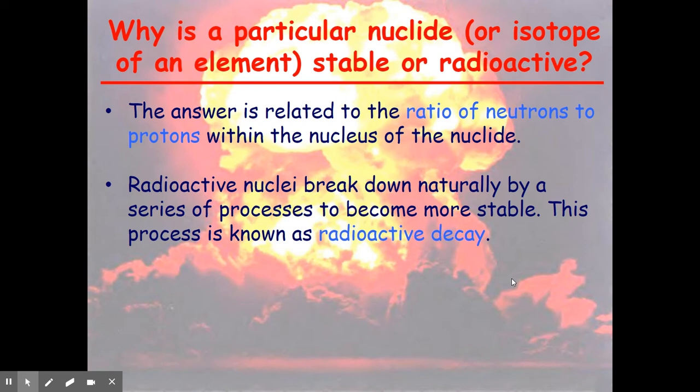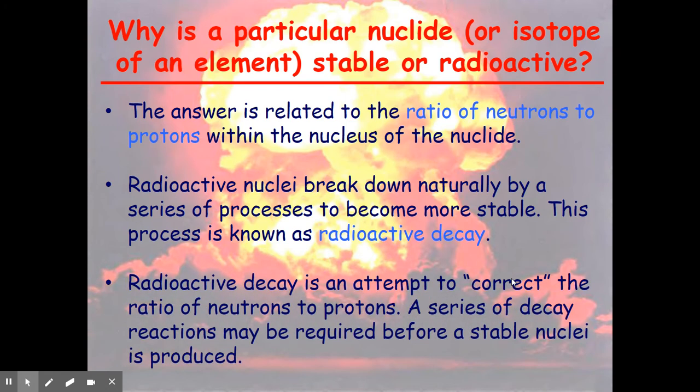All right, the nuclei will break down naturally, and it's called radioactive decay. They're trying to become stable. It's not like they want to do this, but it's a very predictable decay over the course of time, and that's how we can develop what's called half-lives. You should be kind of familiar with half-lives because you did talk about it in earth science, and we'll revisit it in this unit as well.